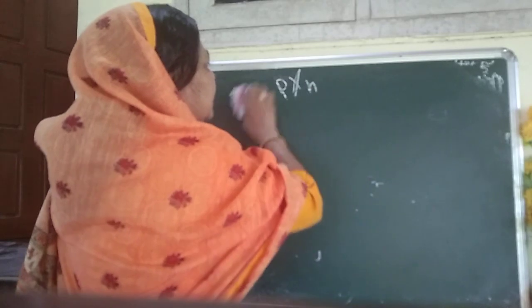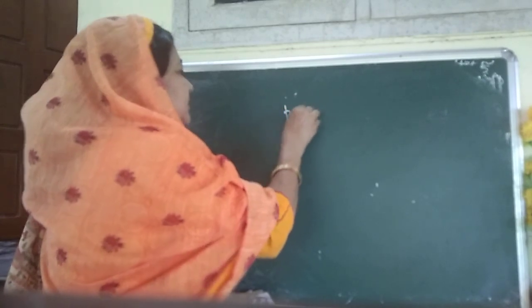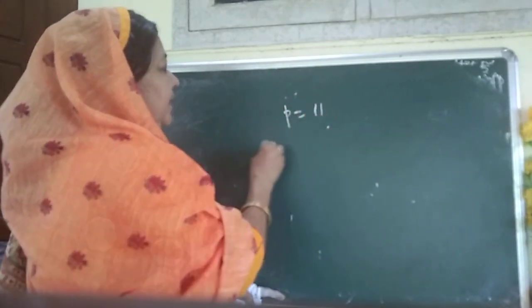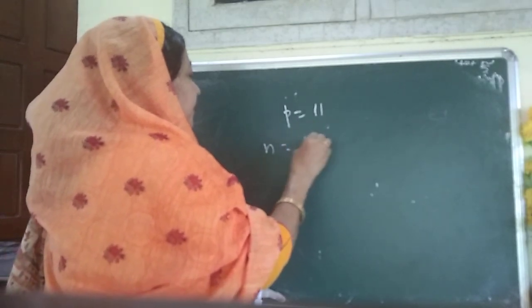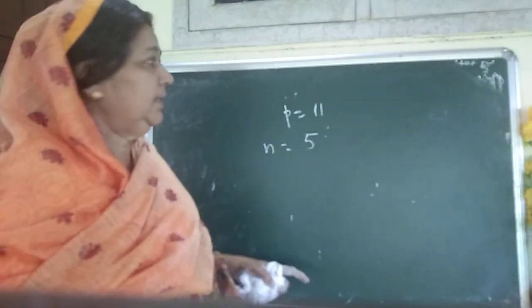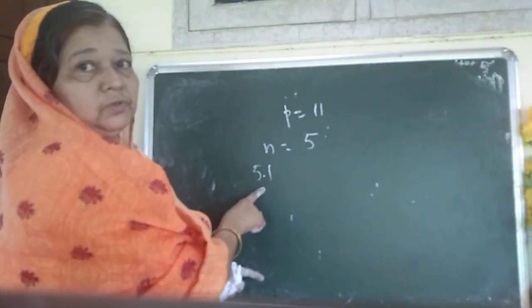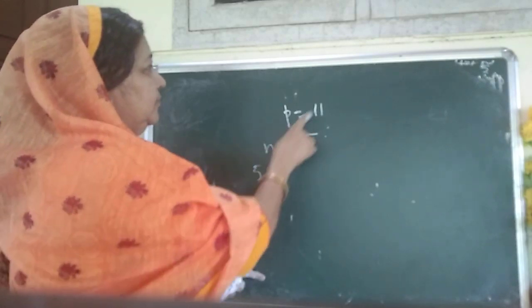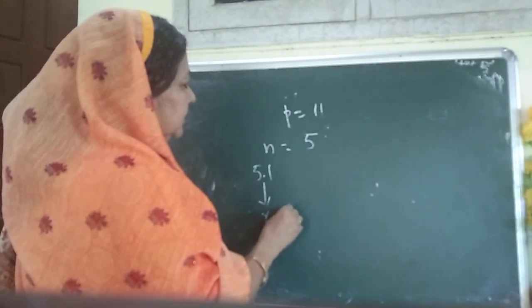For a simple example, take p equal to 11 and n equal to 5. Then 5 into 1 is 5, so the residue r1 is 5.